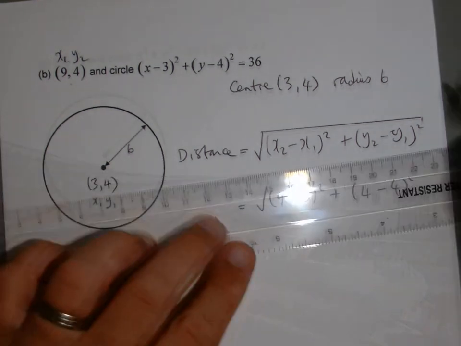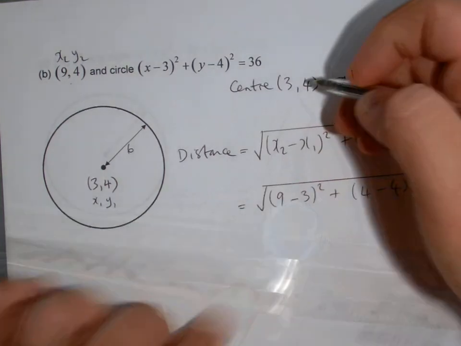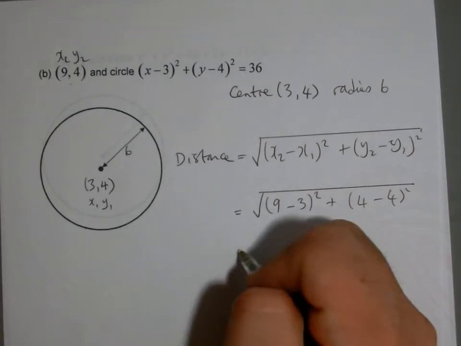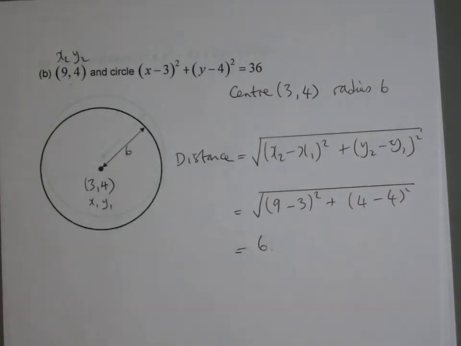That's quite nice. If you work that out, it actually comes out to be 6. The distance from the center to this point is 6. Well, the radius is 6, so that means it must actually lie on the circle.